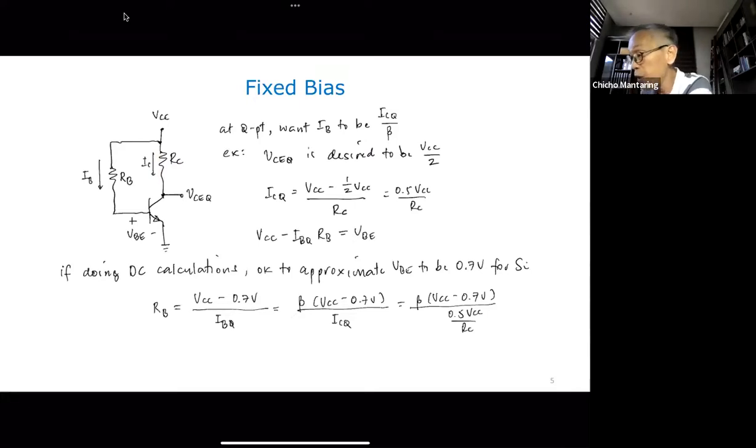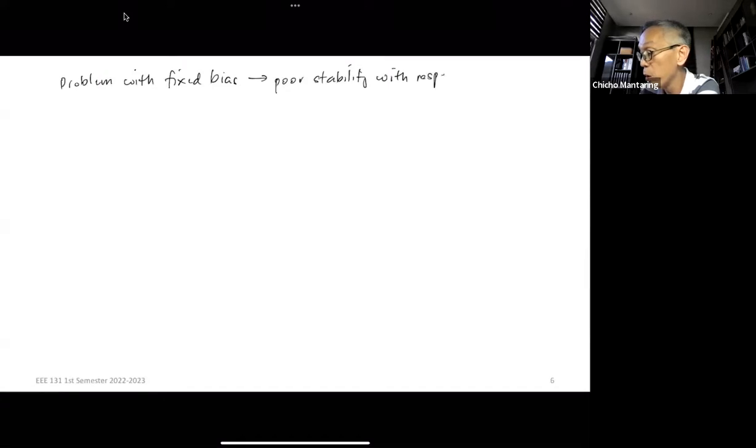Now, what's the problem with the fixed bias? The problem with fixed bias is it has poor stability with respect to beta. The reason for that is this.